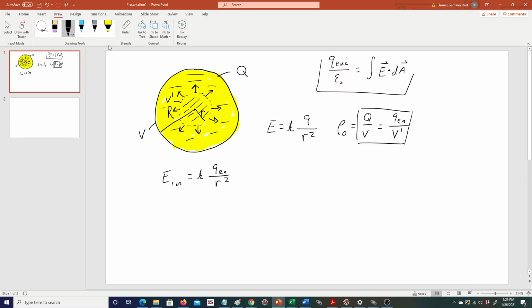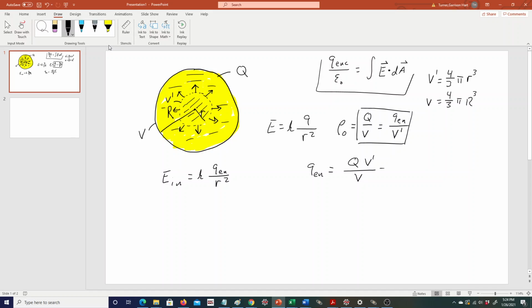And so Q enclosed is simply going to be Q times V prime divided by V. But V prime is 4/3 pi r cubed, and V is 4/3 pi capital R cubed, okay?